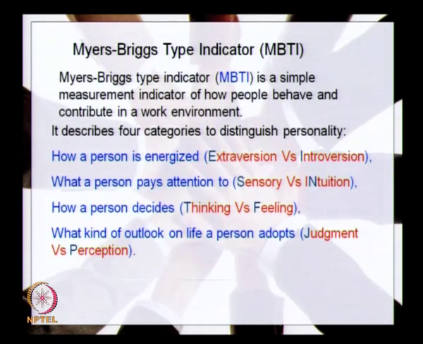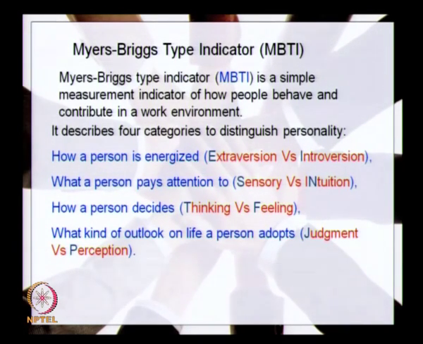The first one is how a person is energized: extraversion versus introversion. We know extraverted people and introverted people, it is the same thing. How a person is energized, I will explain the details of these categories so that you can make your own assessment of your type.